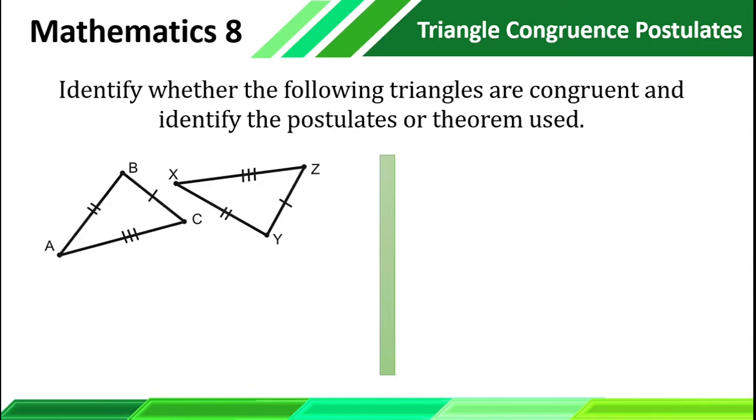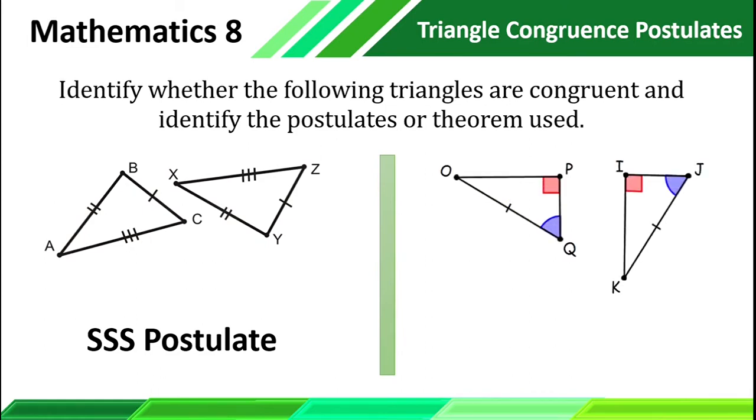Now, let's identify whether the following triangles are congruent and identify the postulate or theorem used. In these first figures, we know that these triangles are congruent because of the SSS postulate. Next, we have this figure. We have two angles and one side.